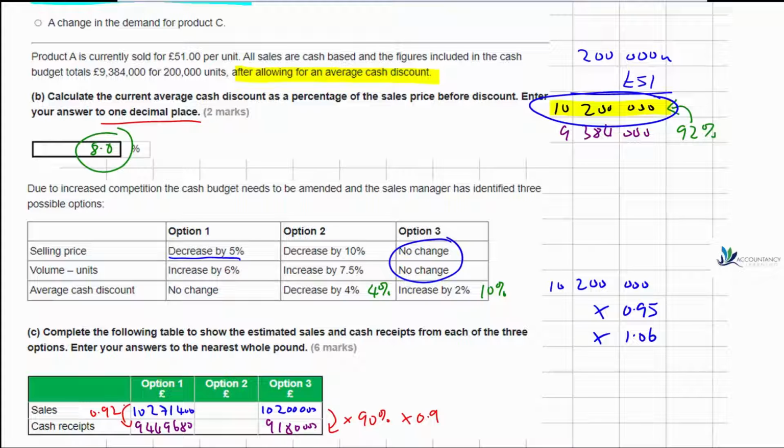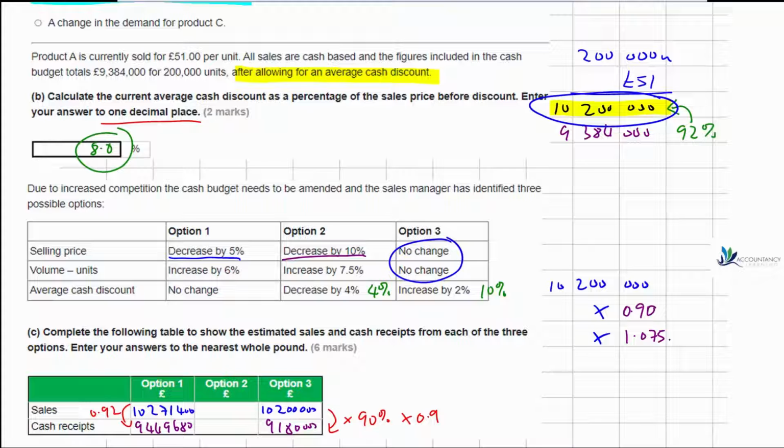And then for option 2, so we're expected to decrease the selling price by 10%. So what we want to do now is we start off with our 10,200,000, but we want to reduce the price by 10%. So we're going to multiply by 0.9, and we're expecting the volume to increase by 7.5%. So we're going to multiply by 1.075.